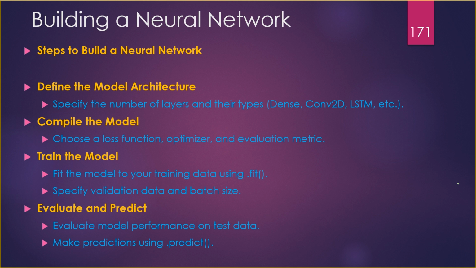So we have specified the number of layers. The more we use model dot add, the more layers will be added. And within model dot add, it depends upon the number of neurons that we want to implement in that particular layer.